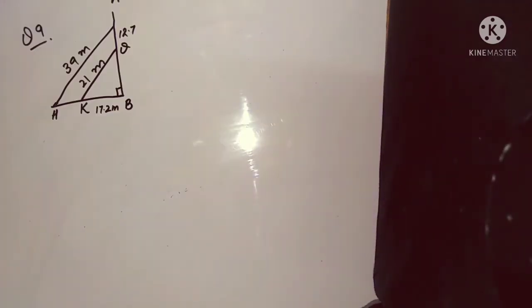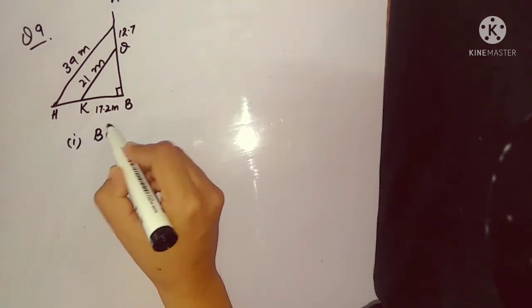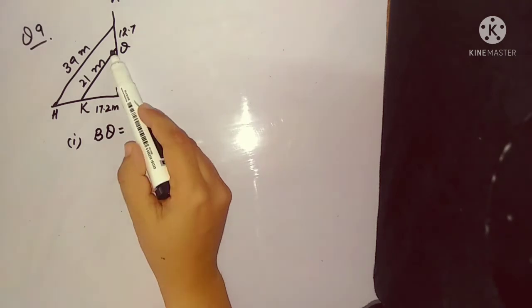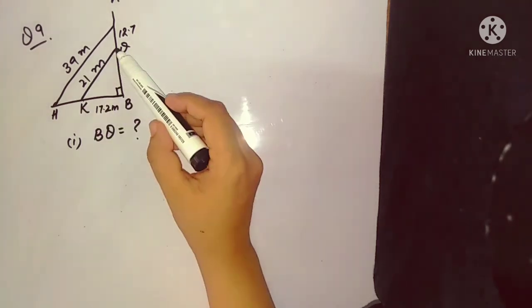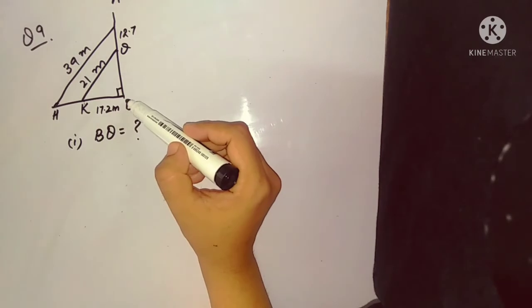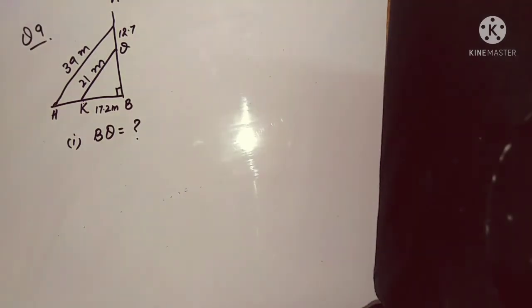Alright, so here this is your figure, and in part 1 you have to find out the length of BQ. So consider this right angle triangle. From here till here is your base, and from here till here is your hypotenuse, and from B to Q is your perpendicular. So it means that we have to find out the perpendicular.